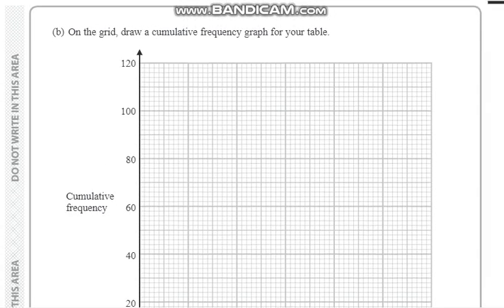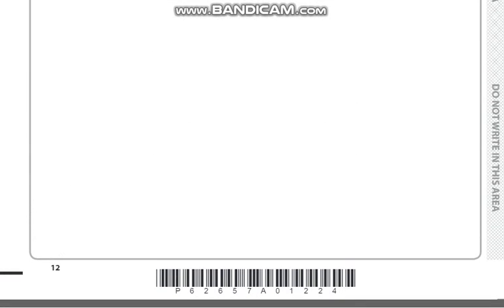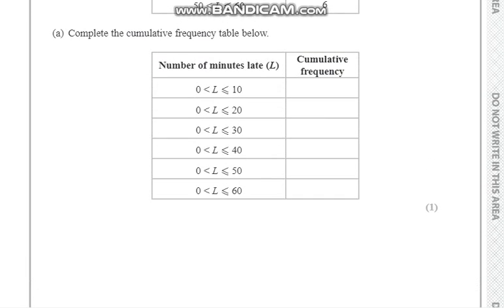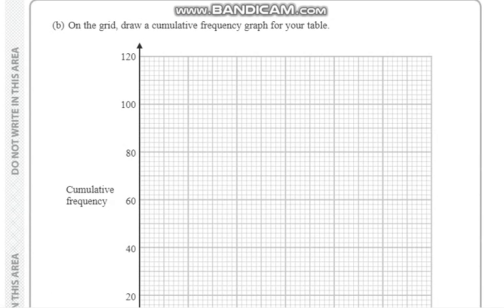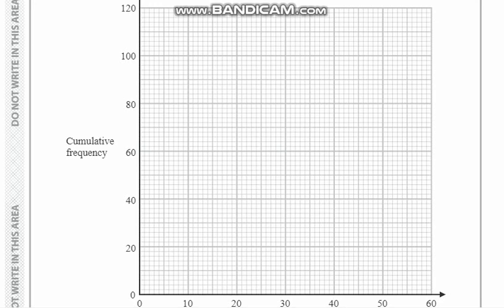So I'll go back to my table and look for what my values were. Okay, for 0 to 10 minutes late, my cumulative frequency was 10. So this here is my 10.